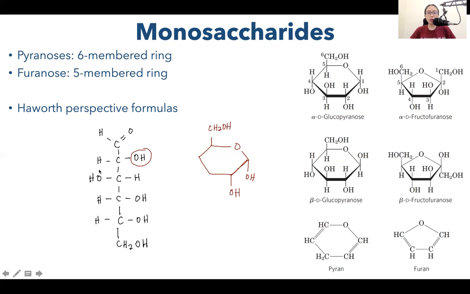If it is on the left side of the carbon, then it should be placed above the ring. And then for carbon 4, it's on the right side, so it should be below the ring. And this is how we draw our Haworth perspective formula. This is alpha D glucopyranose as shown here.